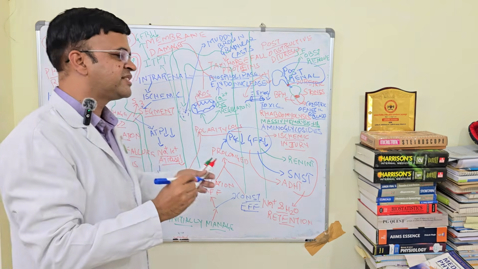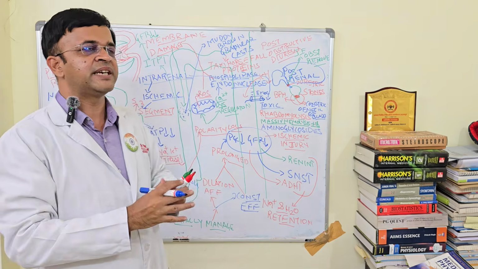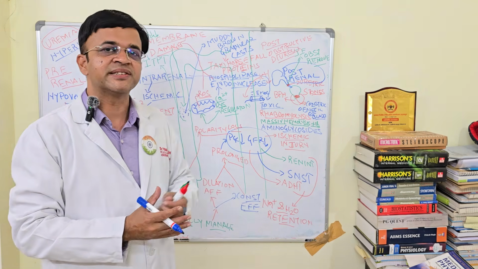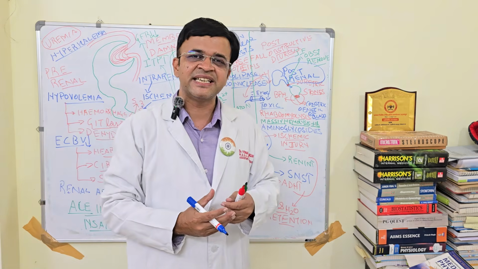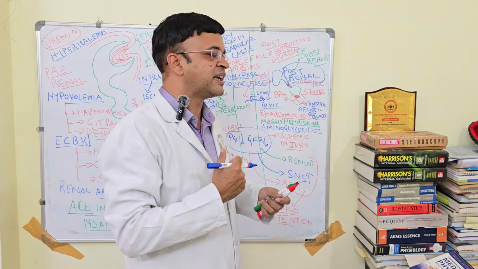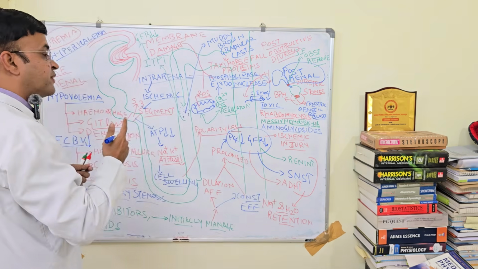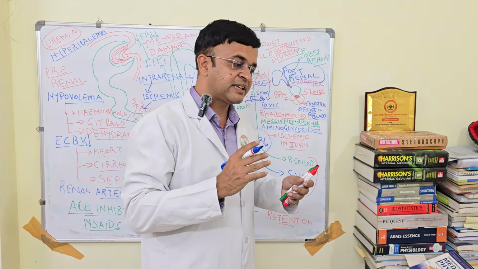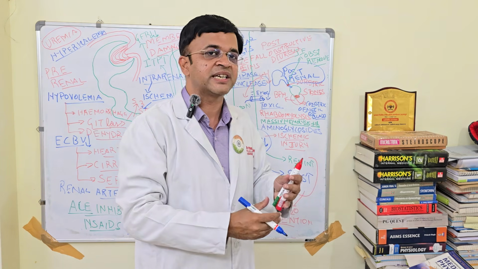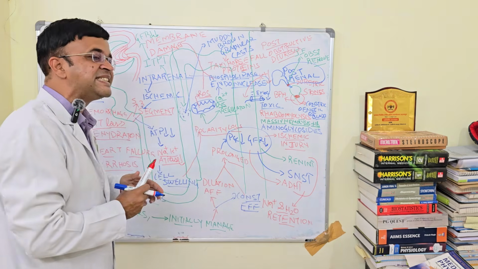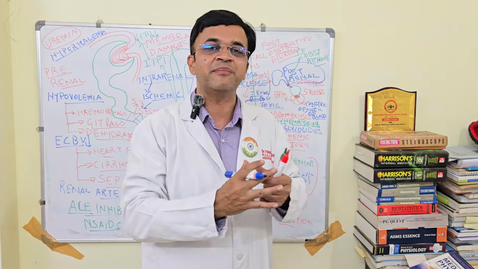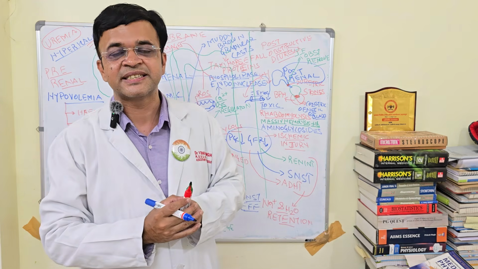Apart from that, what else can you get in acute renal failure? You also get hypocalcemia. Why exactly does hypocalcemia happen? If you recall my previous videos, the final step of vitamin D synthesis happens inside your PCT, and here we are having ischemic damage of the PCT.